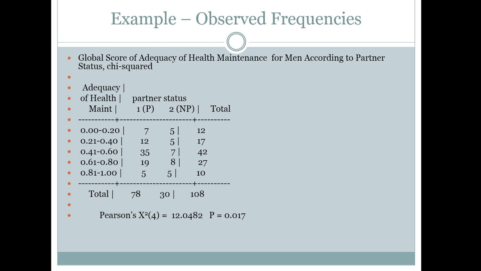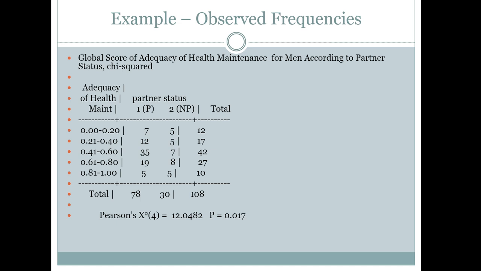So we did that, and what we found was that we were interested in whether, among men who were partnered or non-partnered, the number one is coded as P for partnered, number two is coded as non-partnered.